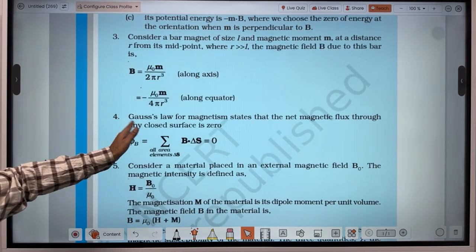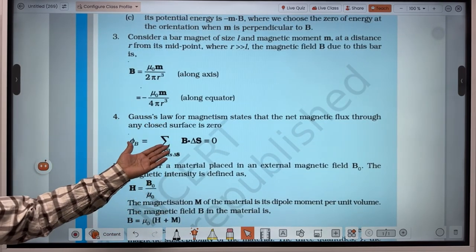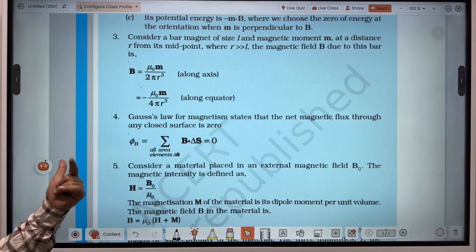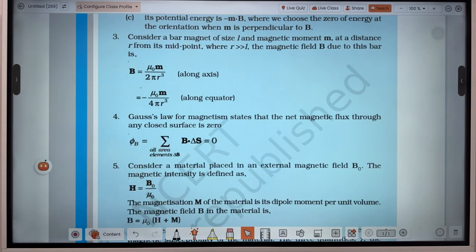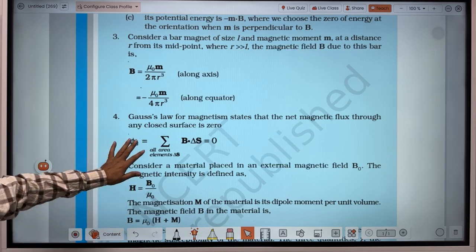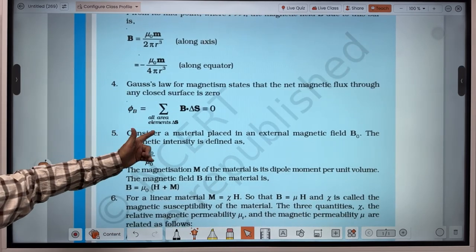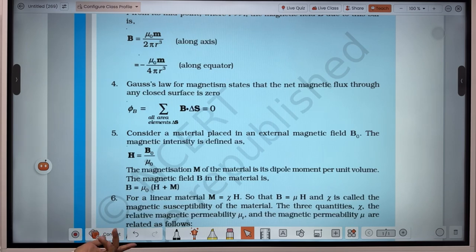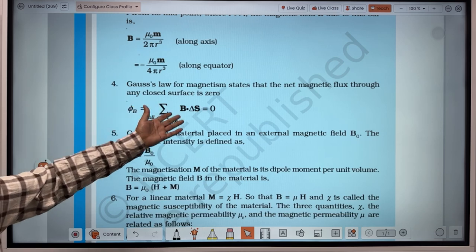Then we come across Gauss law that gives the integral of B dot dS equal to 0, means no monopole exists in case of magnetism, unlike the electric field. There can be positive and negative charges which separately exist. But in case of a magnet, if we say that a north pole is there, a south pole is there, and they separately exist, that is not possible, and that is justified by Gauss law of magnetism.